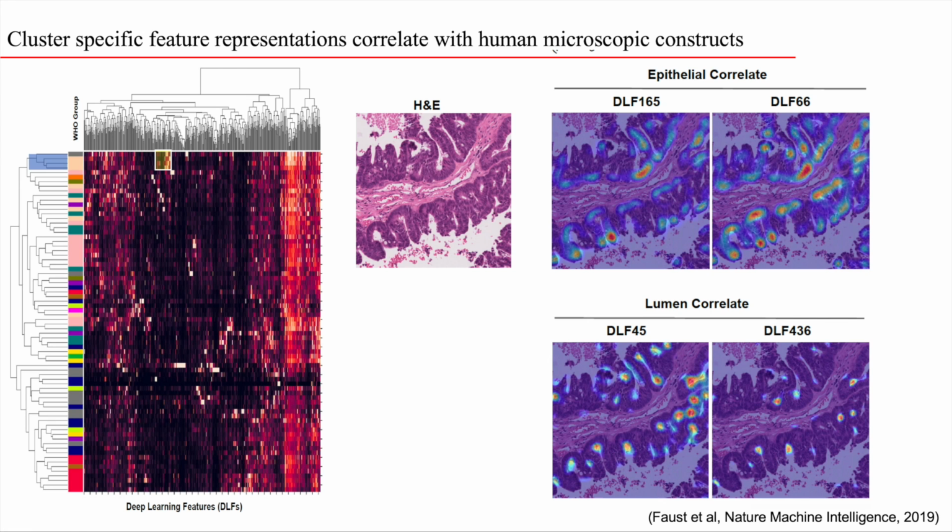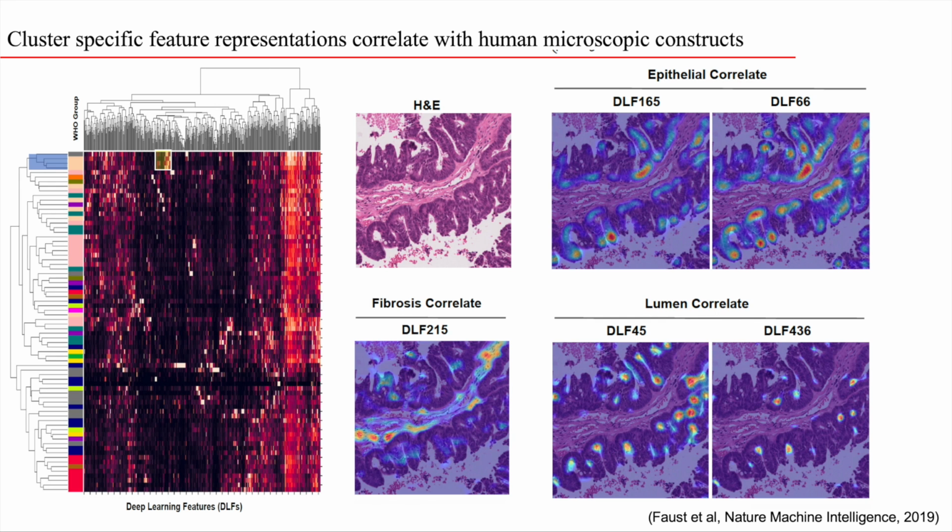The importance of this is that we can now build confidence that by automating some of these processes, we're in fact recapitulating how humans learn and classify these lesions. And here's another feature which was more common across all tumors. This is feature 215, and you can see here this labels more the fibrotic aspect of this slide.